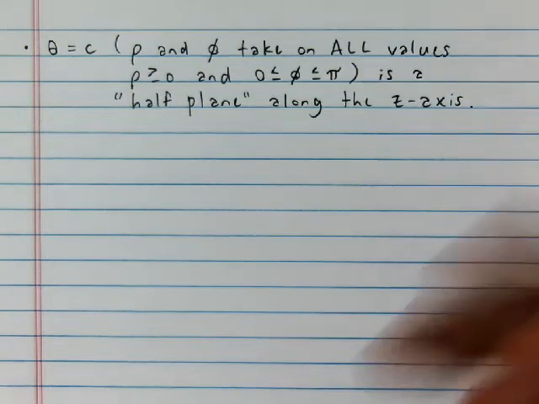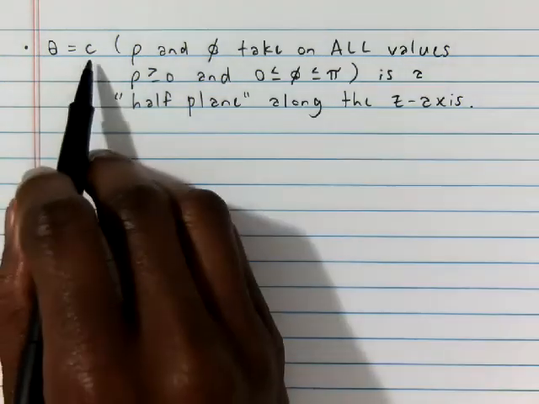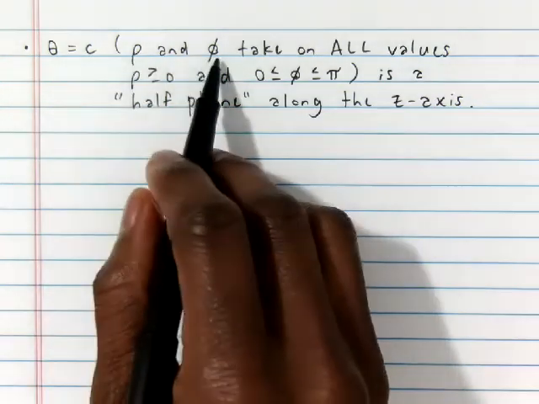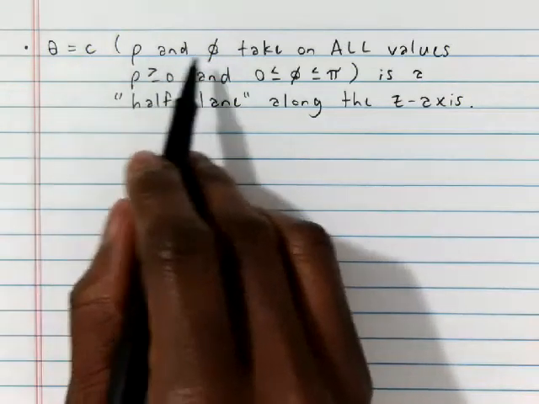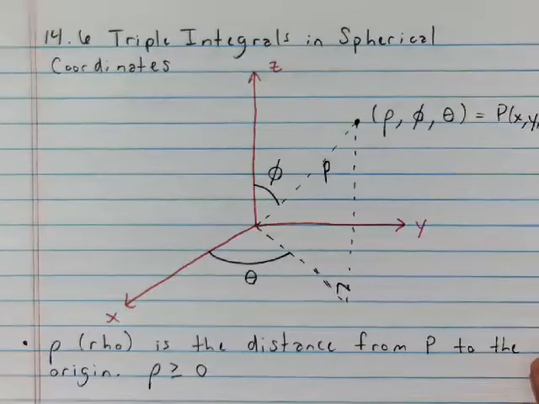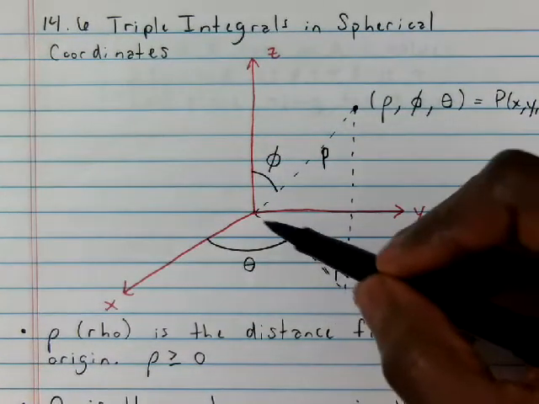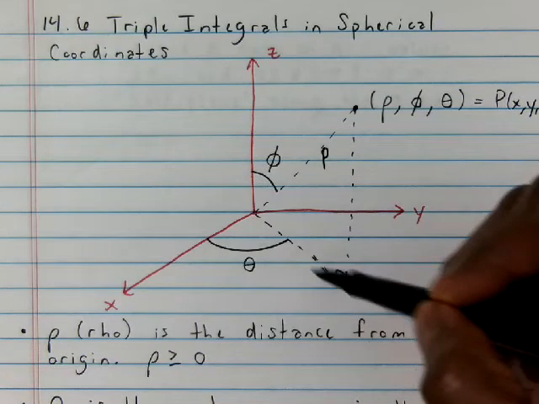And so we don't have to keep drawing over and over again, I'm going to go back to our picture from the first page. So theta is fixed at c, and rho and phi are going to take on all values. So what do we have there? Say theta is stuck right here. It doesn't get to move.